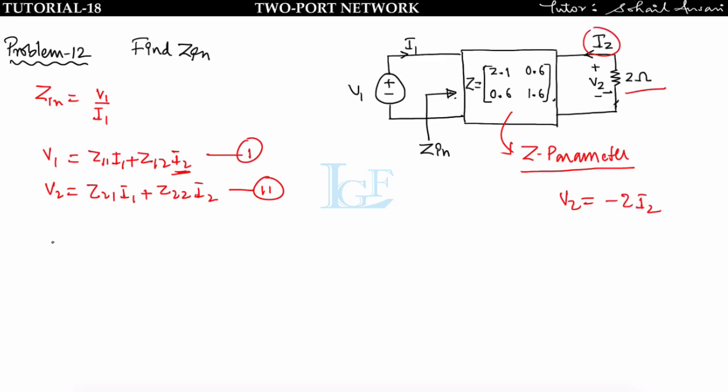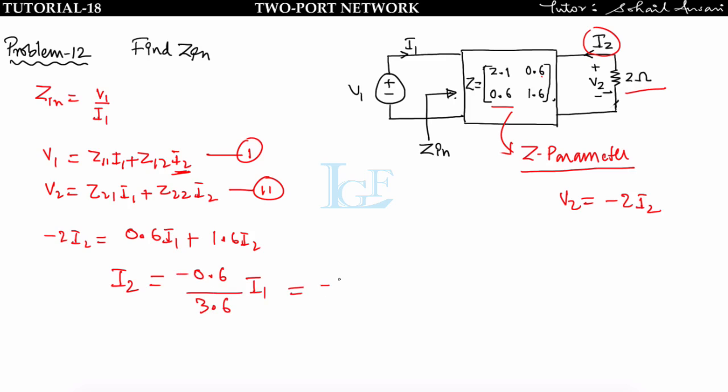Replace V2 as minus 2I2 is equal to Z21 I1 plus Z22 I2, with Z21 is 0.6 and Z22 is 1.6. So from here I am getting I2 is equal to, I can say, minus I1 by 6.